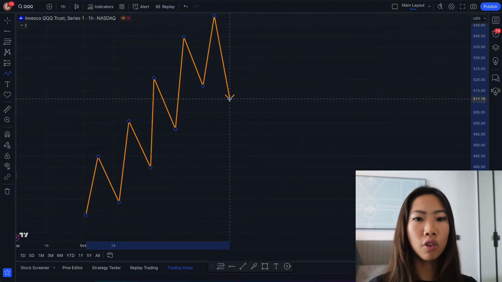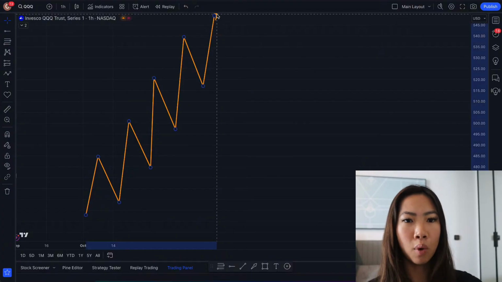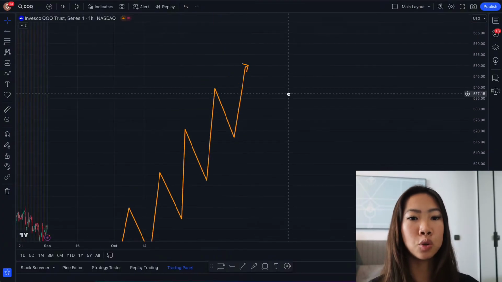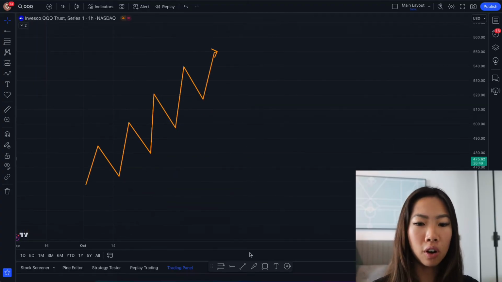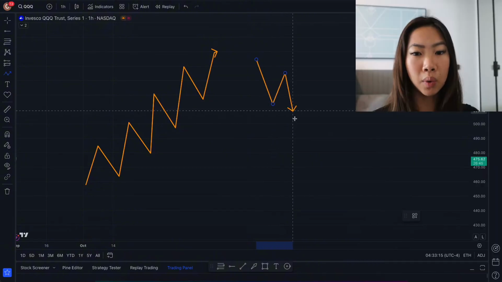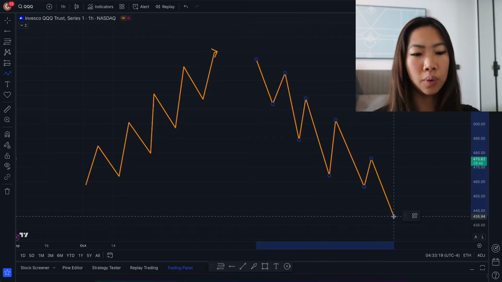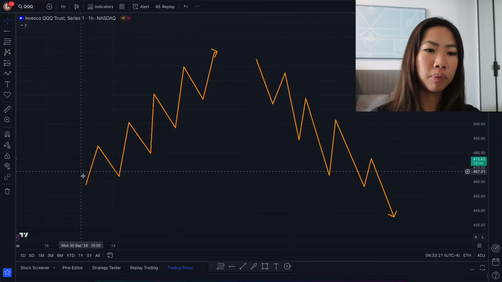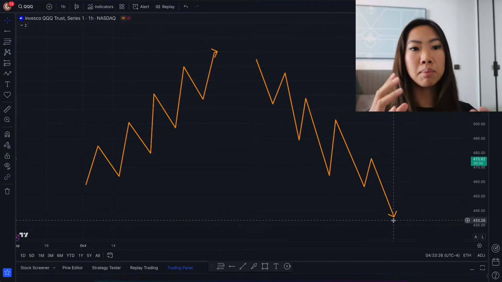Overall, what is happening to price? Is it essentially going up overall, or on the other hand, are we going down overall? Here you can see overall we are in a downtrend. This is market structure.